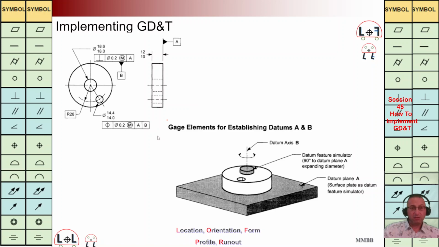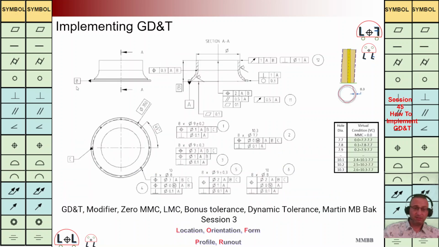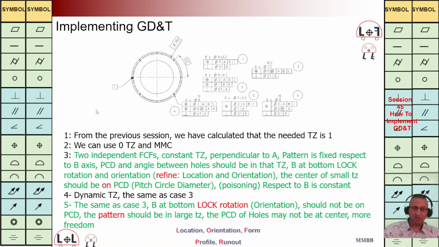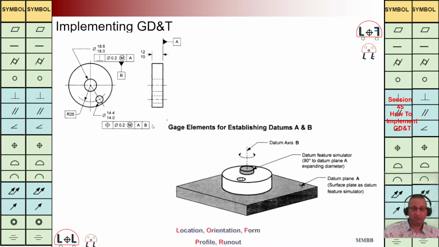Let me talk about this because at the beginning I mentioned this reference axis B is not good. Why is it not good? Because it is short. Here I'm going to highlight this one. Whenever we use a gauge in order to fix that component, finding the axis of that short cylinder is a little bit difficult.